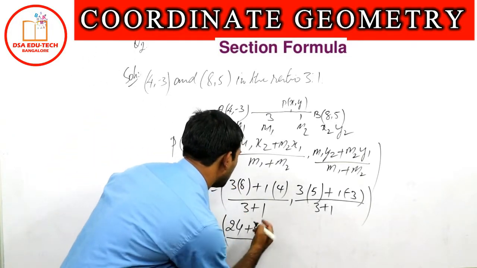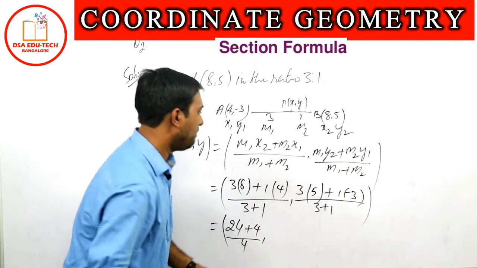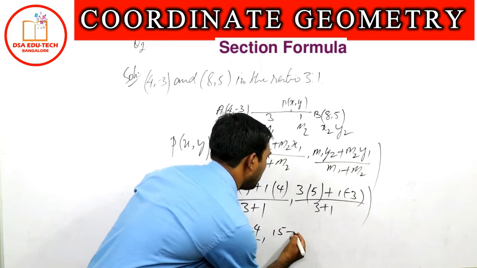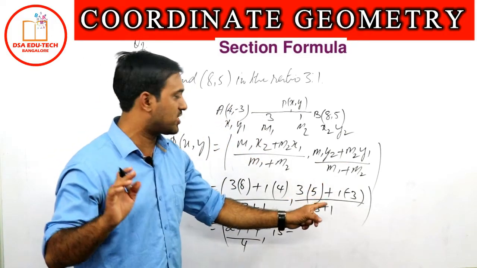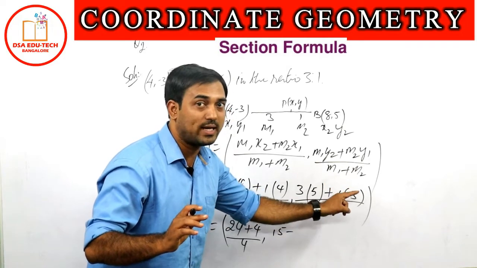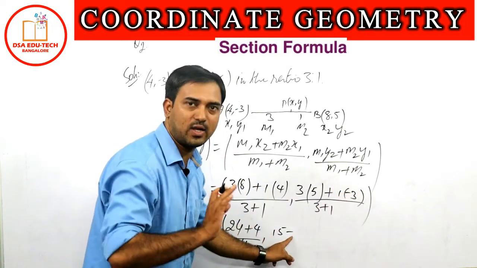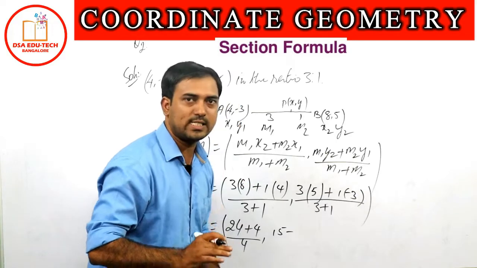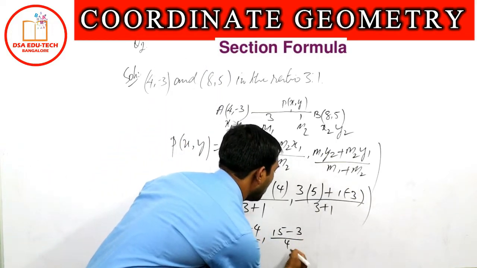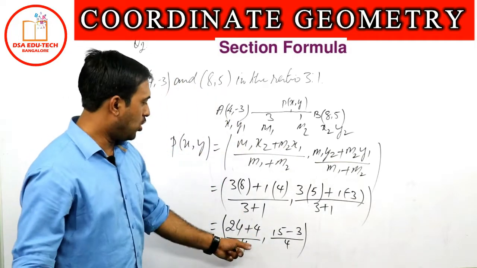Divided by 3 plus 1, 4, comma, 3 into 5, 15. Now I should multiply the sign first, right? Plus 1 into minus 3. So plus into minus is minus. 1 into 3 is 3 divided by 3 plus 1 is 4. Hope you understood till here.